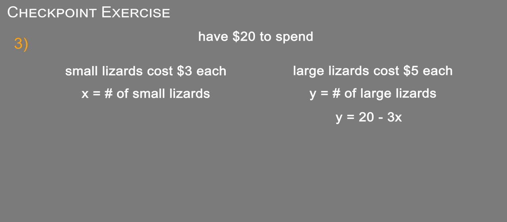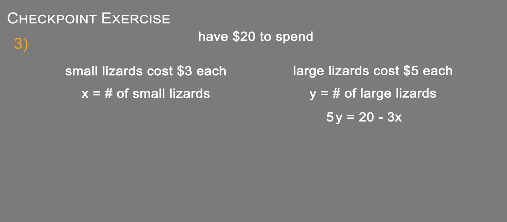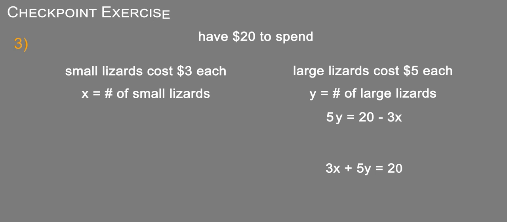Now that's how much money we're going to have left over. So what we want is 5y equals 20 minus 3x. Or actually, we could write this more appropriately in context as 3 times the number of small lizards purchased plus 5 times the number of large lizards purchased equals our total of $20.